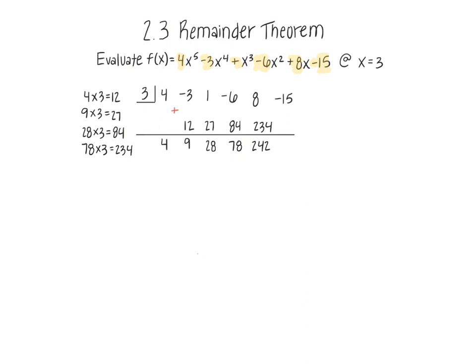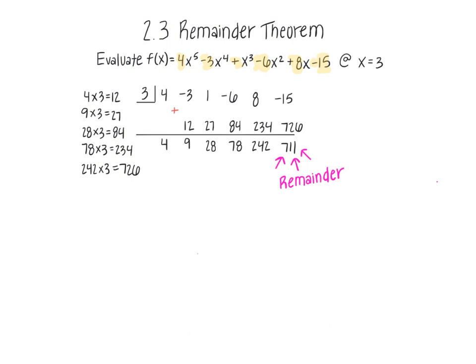Now finally, 242 times 3 gives me 726. And then we're going to place that under the last number. And then 726 plus -15 gives me my final answer of 711. Remember that the very last number that you get is your remainder.